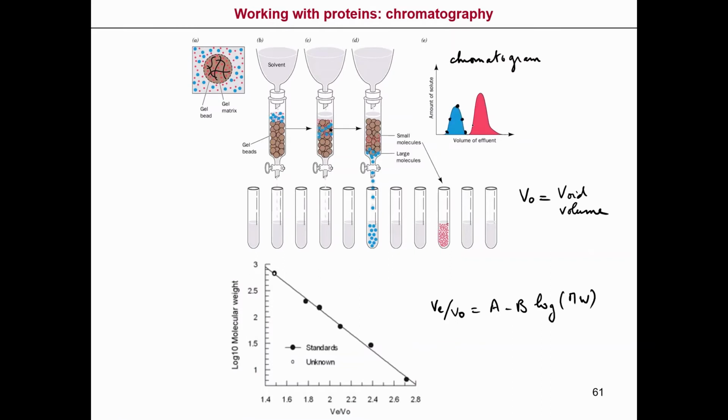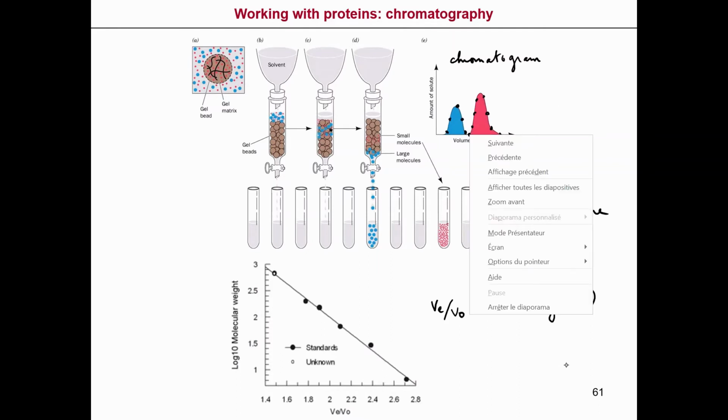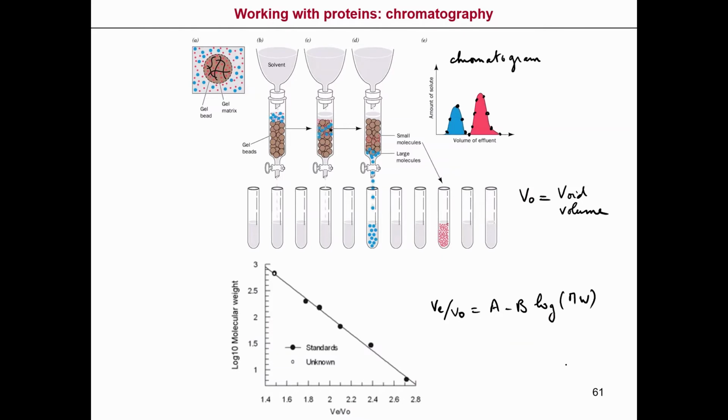For example, in 5 fractions you will have the blue protein, after that you will have something with no protein, and after that you will have the red one. Did I answer your question?